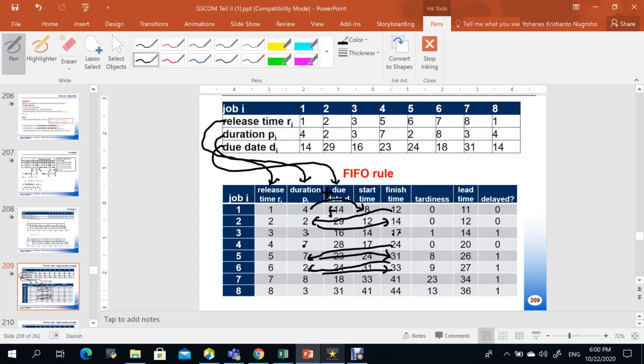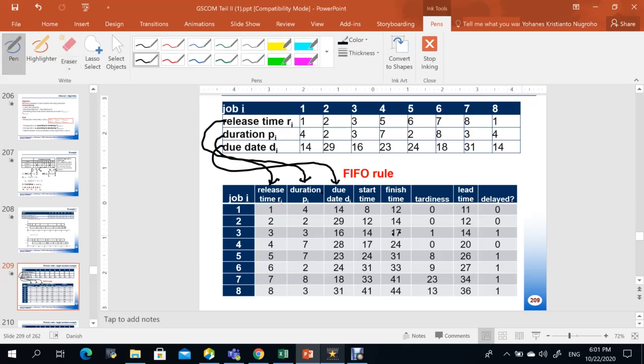And according to this calculation, we can compare the finish time and due date. Then I will erase these arrows, and then we can get a cleaner table and columns, and we can compare.